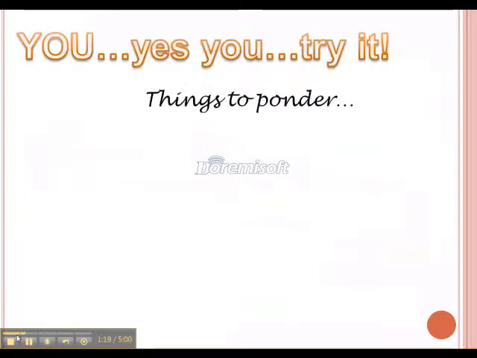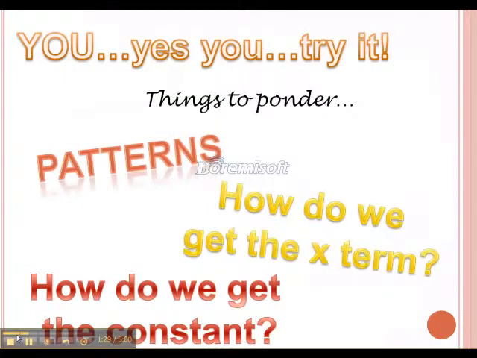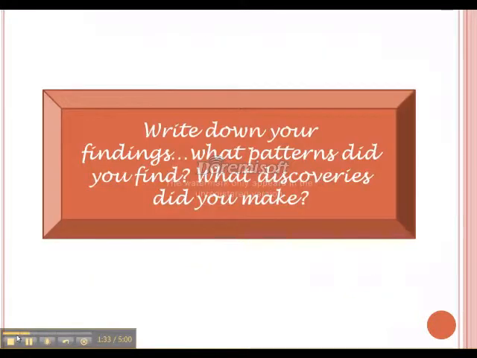Look at the patterns that you see. How do we get the x term? How do we get the constant? Take a minute and write down your findings. What patterns, what discoveries did you make? Pause this video and actually look at the quadratics and the product of the binomials and tell me what you see.